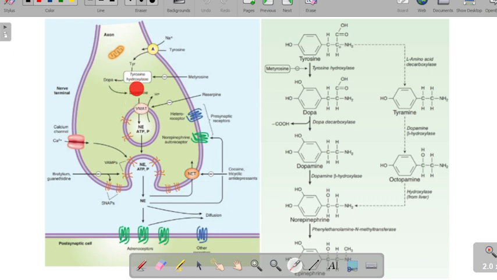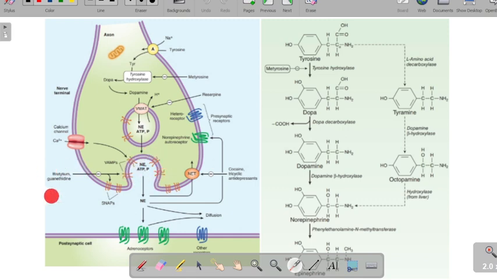Now, this dopamine here is transported into the synaptic vesicle by vesicular monoamine transporter. Then, as the calcium channel opens, similarly, there is exocytotic release of the neurotransmitter norepinephrine.